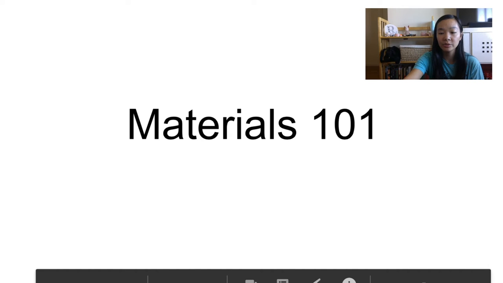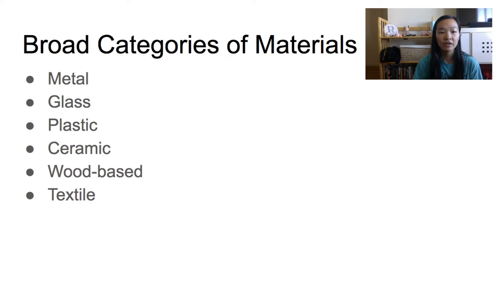All right, so materials 101. Materials are a really complicated thing. In fact, there's a whole branch of science devoted to it called materials science, and I had to take that class once for a whole semester. But because I don't want this to be a whole semester class, I'm just trying to do this in under 20 minutes, so I grouped some things together into broad categories.